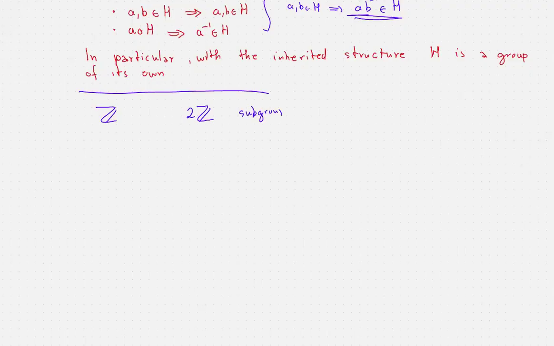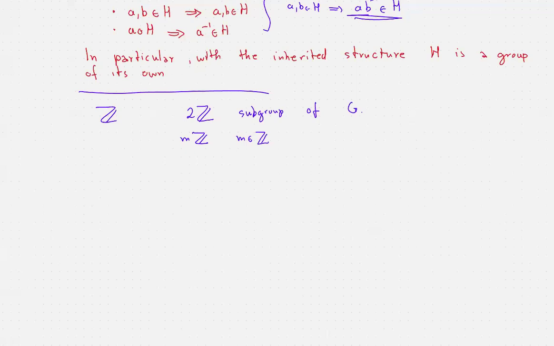In general, the most general description for a subgroup is MZ, where M is an integer. And now, 2 and negative 2, of course, will give you the same subgroup. And we have the trivial subgroup, which consists just of 0.